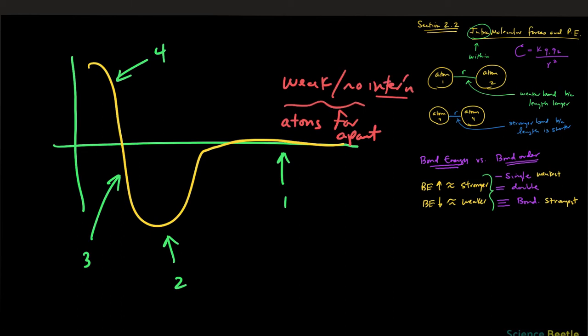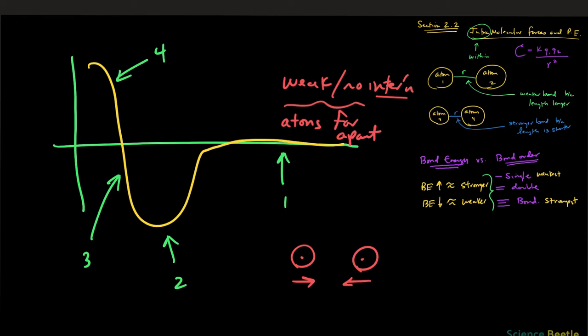Now at position 2, this is the cool stuff, because at position 2, as those atoms approach each other, I'm going to generically draw the atoms like this. The atoms are moving close to one another, but they're still far apart over on this end. I'll mark this in green.